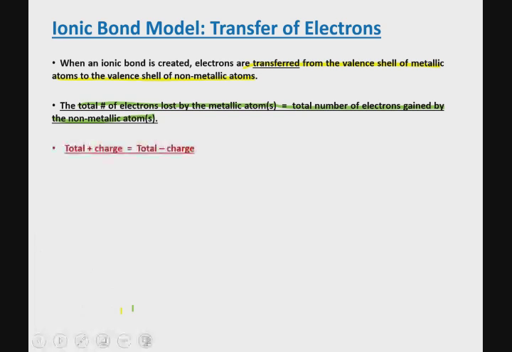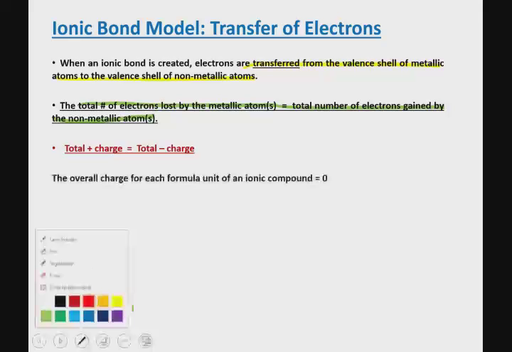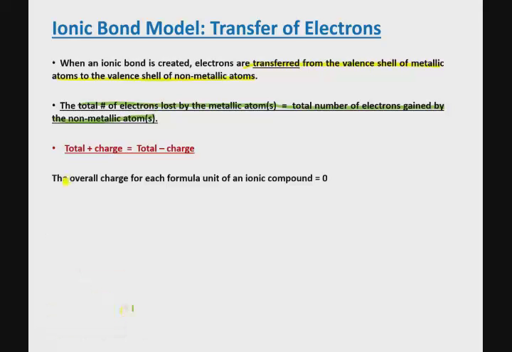Basically, that leads us to the fact that total positive charge must equal the total negative charge, which means that the formula unit of an ionic compound will always be charge neutral overall.